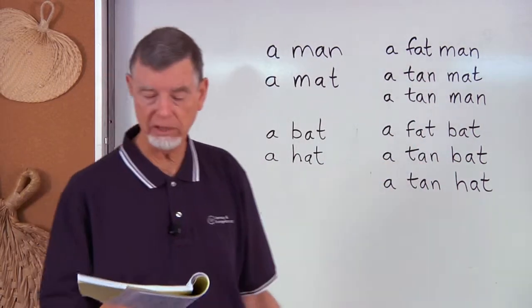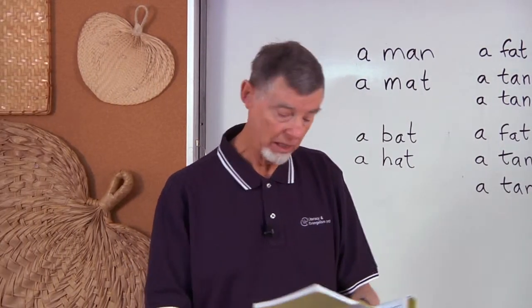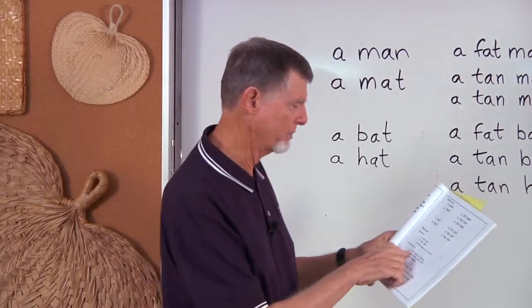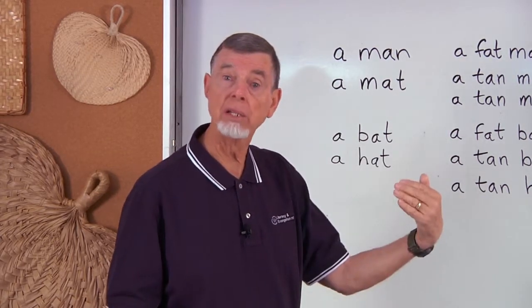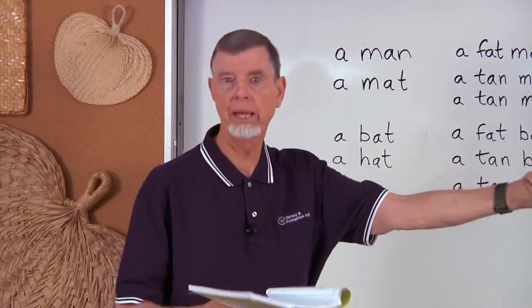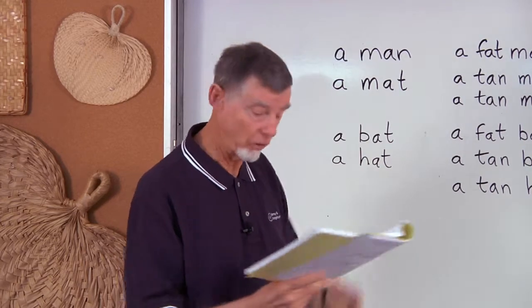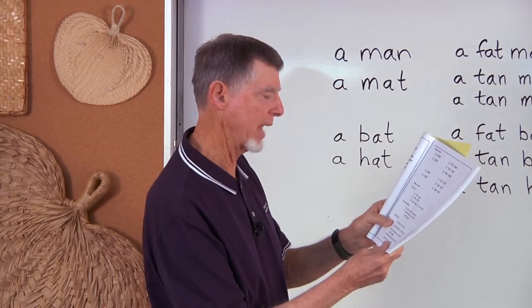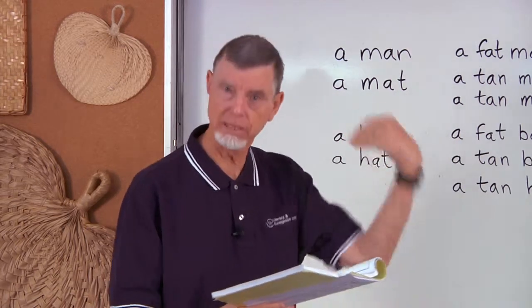For your intermediates and your advanced students, if they're having trouble with the stress, let's take an intermediate one. A fat man is a tan man. So you would emphasize the descriptive adjectives. A fat man is a tan man. And so you'd help them with the rhythm and cadence of that. For advanced students, a tan man has a mat.